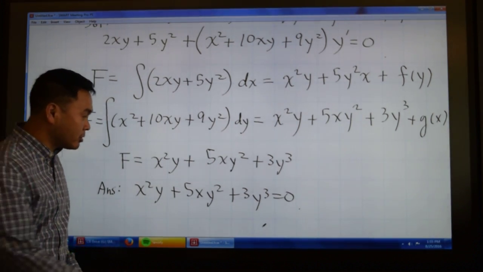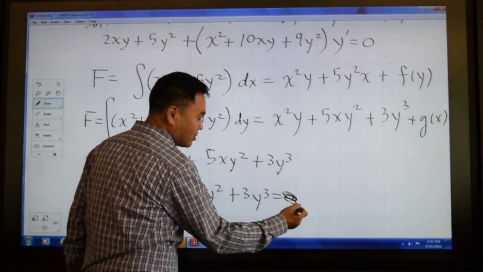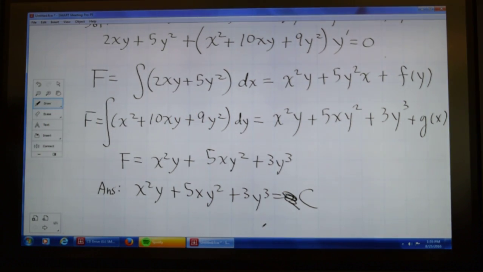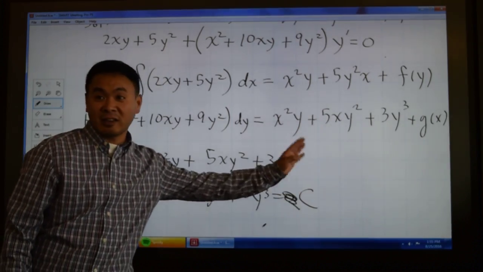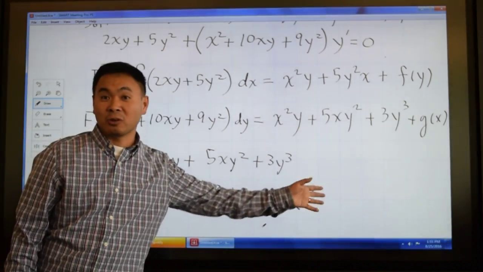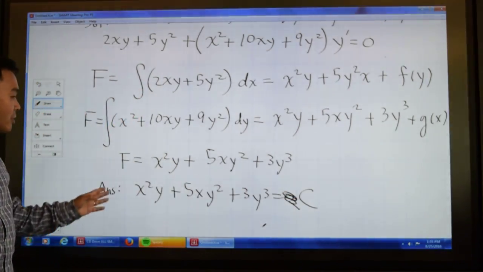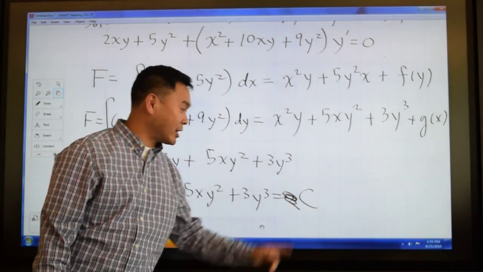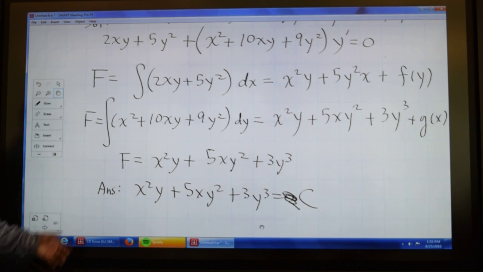Oh no, it's not equal to 0. It should be a constant, right? Why is that? Because if I integrate the right side, I'm integrating 0, so it gives you a constant. So the left side, if I integrate, I get this. The right side, if I integrate, I get C. And that's the final answer.